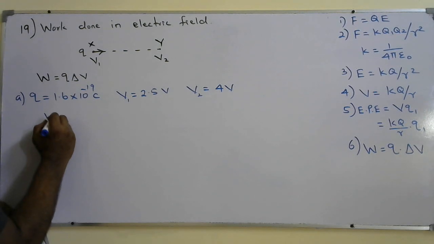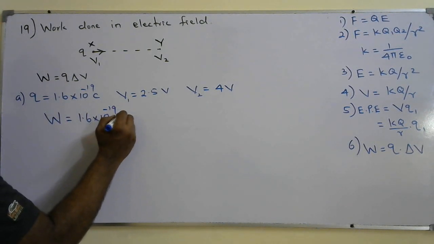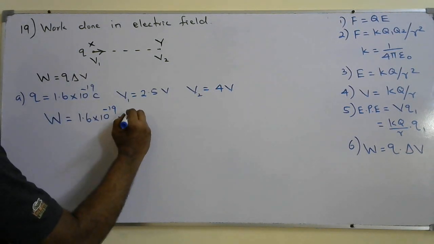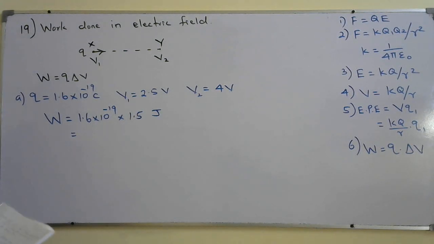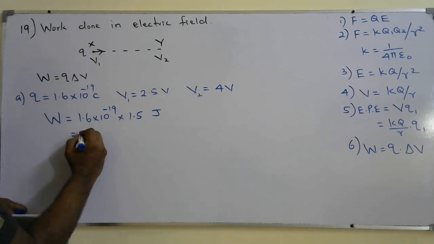So the work done in the electric field is given by 1.6 times 10 to the power minus 19 into delta V, 4 minus 2.5, that is 1.5. Solve it, you will get the work done, that is equal to 2.4 times 10 to the power minus 19.